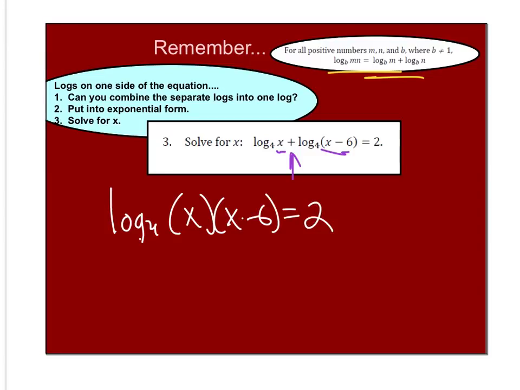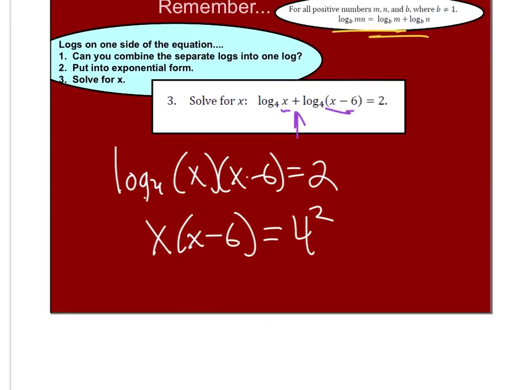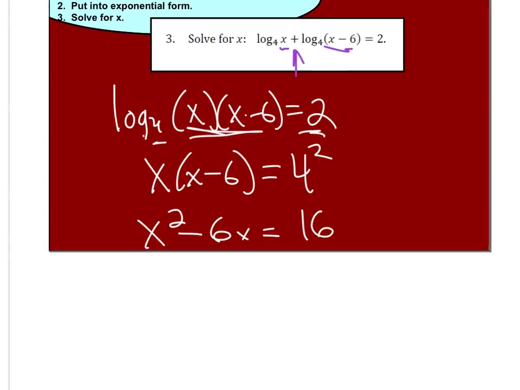Now remember what this says. This says x times x minus 6 is equal to 4 to the second power. That's switching it into exponential form. Exponential form says this raised to this exponent gives you that. So that's going to be x squared minus 6x equals 16.